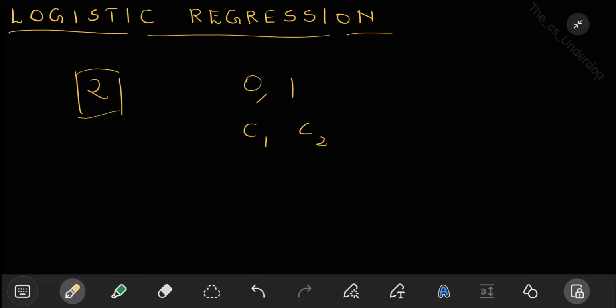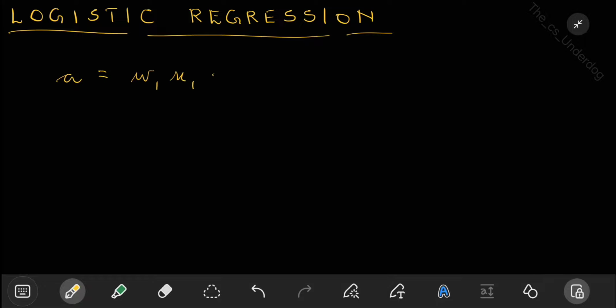Let us start with the logistic function and let us understand how we use this logistic function in order to identify the right class. When we were previously learning linear regression, we had a function like this. Let us say A is equal to W1x1 plus W2x2 plus W3x3 plus so on.